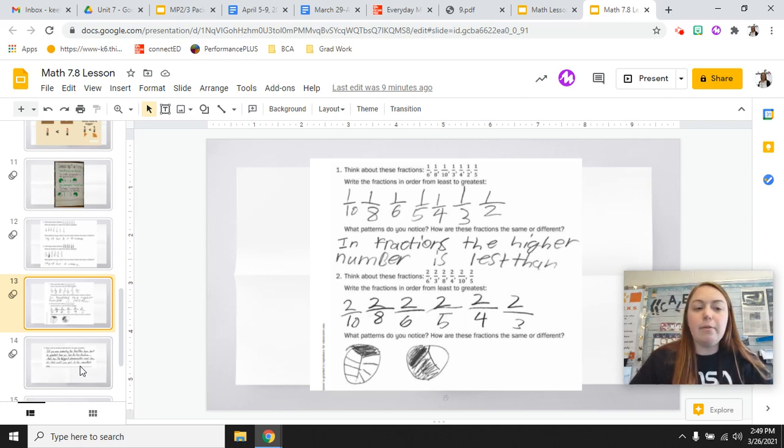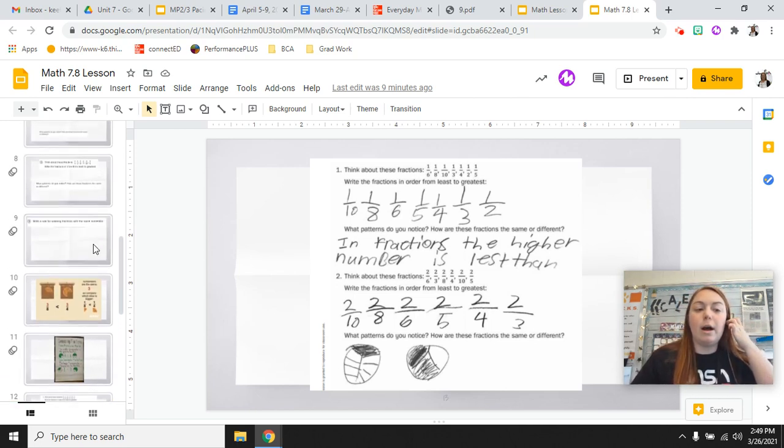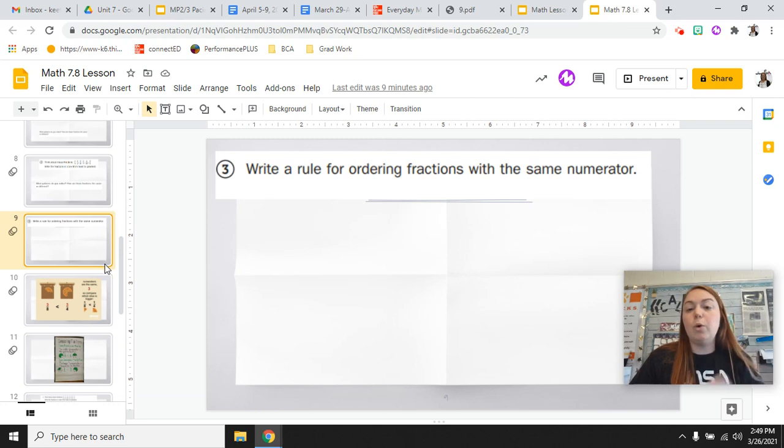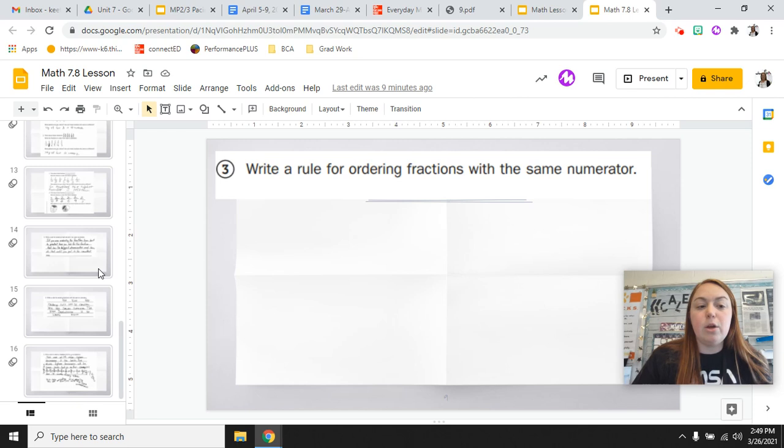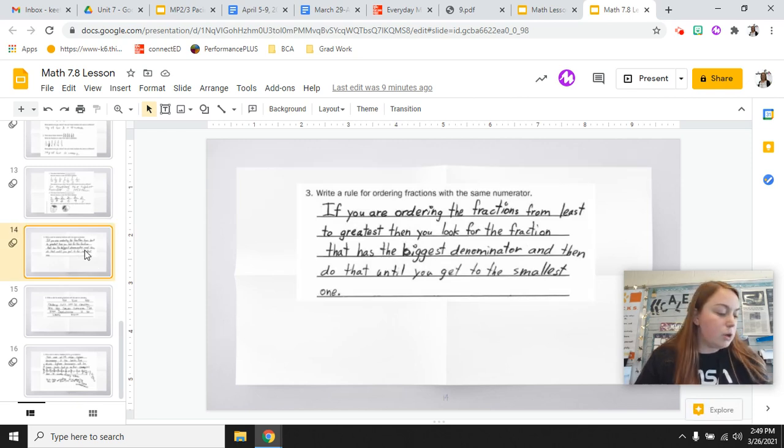Now, the last part of your question was to write a rule for ordering fractions with the same numerator. So this is a part that you're probably going to revise as we go through this. I'm going to show you a few examples of children's work for the ordering of the fractions, okay?